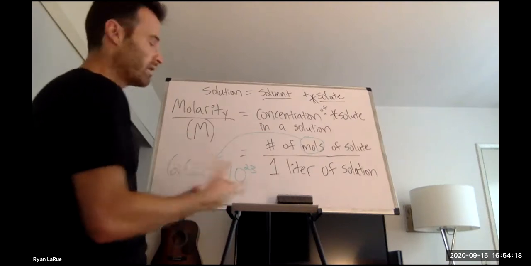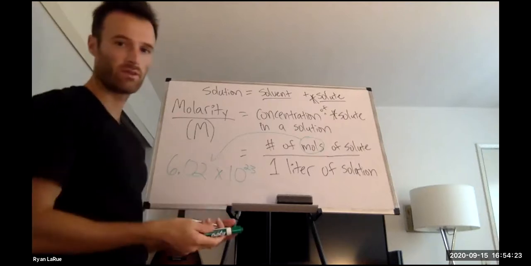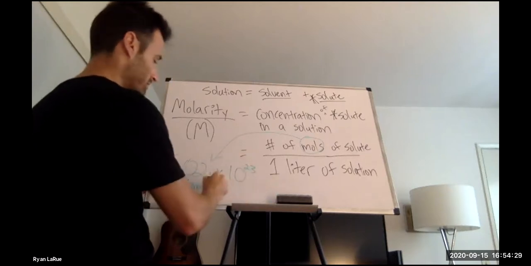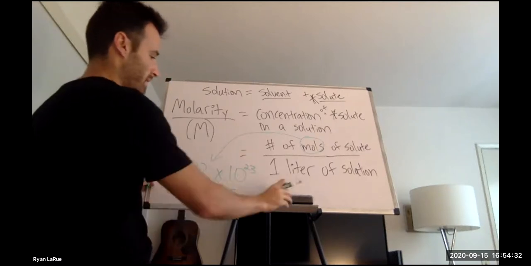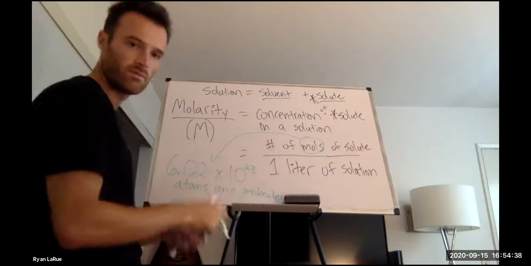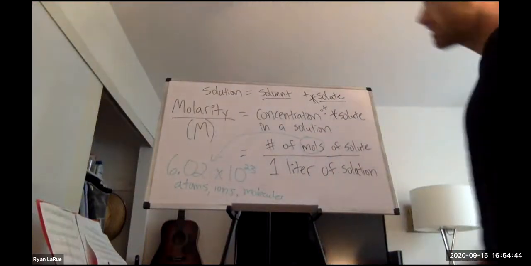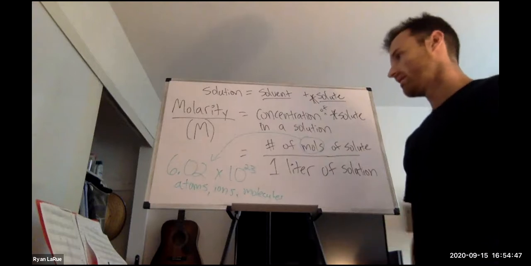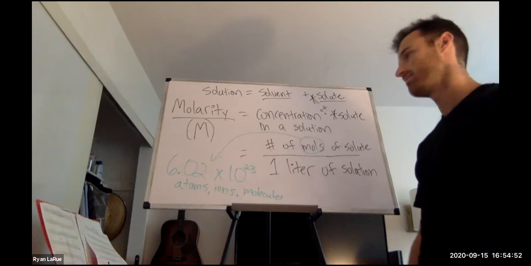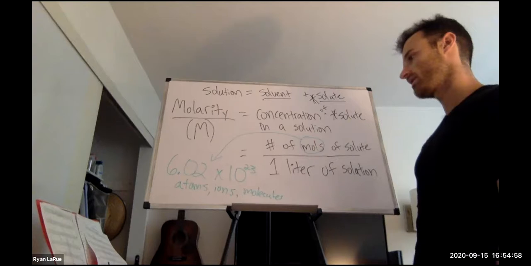We're talking atoms, ions, which we're going to be talking about today, or molecules, that kind of thing. It's a lot, way more than a billion, which has 9 zeros. So, a lot.